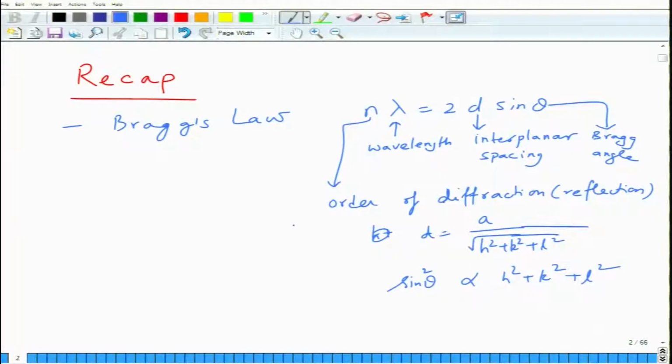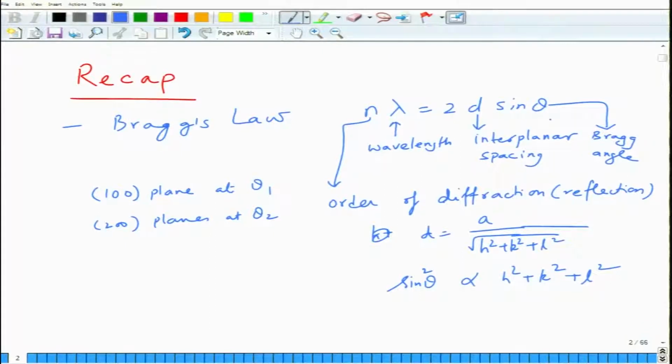lambda to be constant, and n is the order of diffraction, which basically means that if you have a diffracting peak for the 100 plane at say theta 1, then the 200 plane will diffract, whether imaginary or not, at an angle theta 2, which is higher than theta 1, because the 200 planar spacing is half of 100.